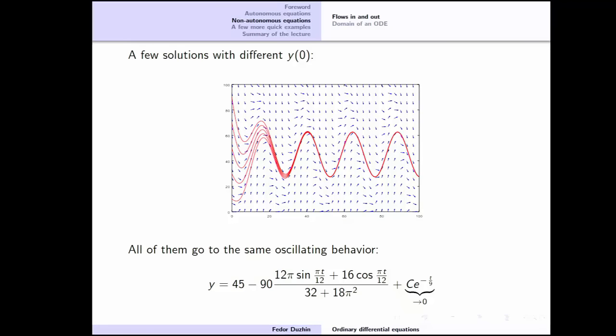So as t goes to infinity, we have this oscillating behavior, because this is a combination of trigonometric functions, so it just goes up and down, plus some term that approaches 0. And that's why all the solutions, even if they begin very far from each other, drift towards the same oscillating curve.